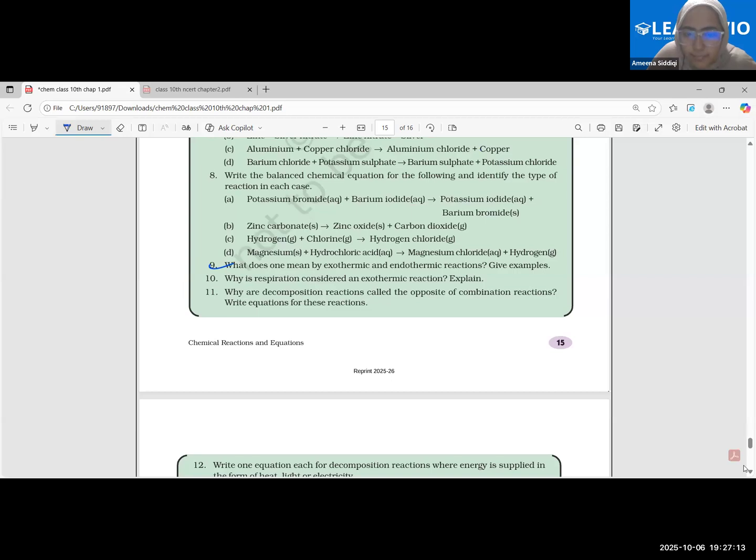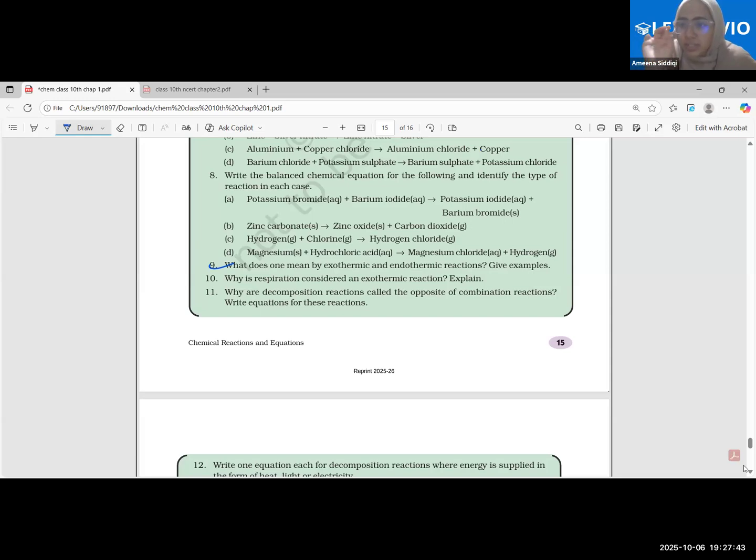What does one mean by exothermic and endothermic reaction? Give examples. Exo means out, endo means in, thermic means heat energy. Simple.